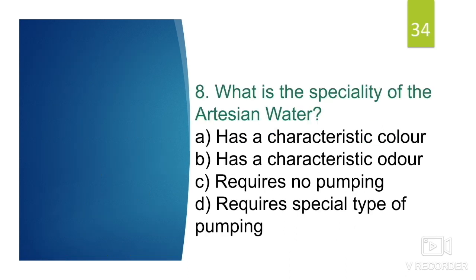Next is, what is the speciality of artesian water? Generally the artesian well is asked, and it's very important for you to understand artesian wells and how they are formed. A confined aquifer we can define as one in which aquicludes lie both above and below it.